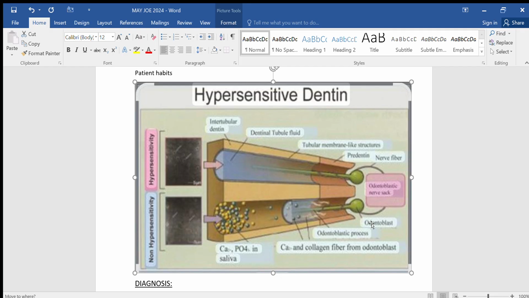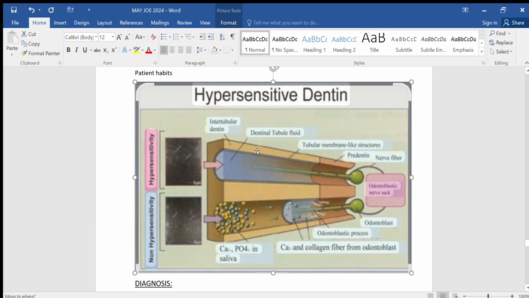in exposed dentinal tubules. If you look, this is the exposed form of a dentinal tubule. This arrow shows the exposure, meaning enamel has been lost. So these tubules are exposed to the oral environment, and any stimuli, either cold, hot, or osmotic, will basically cause fluid movements.